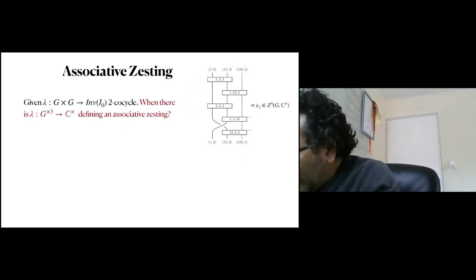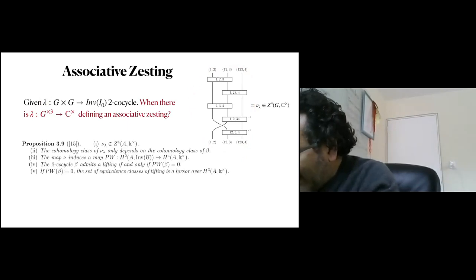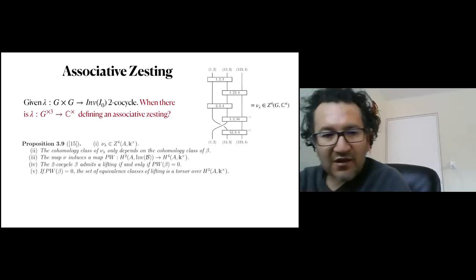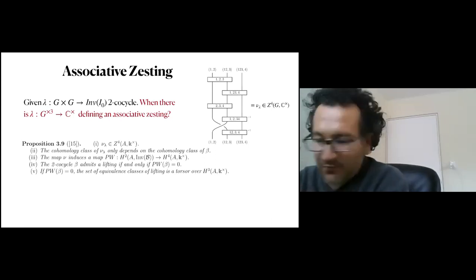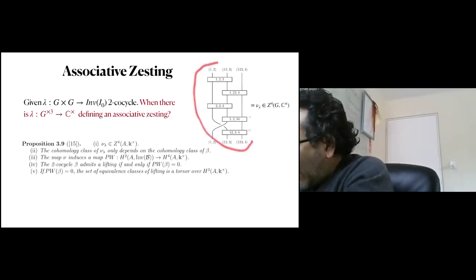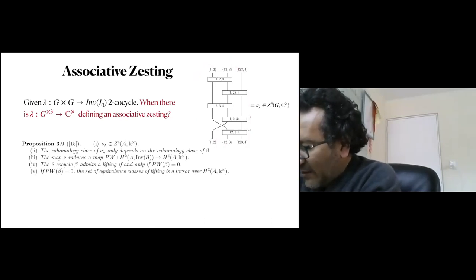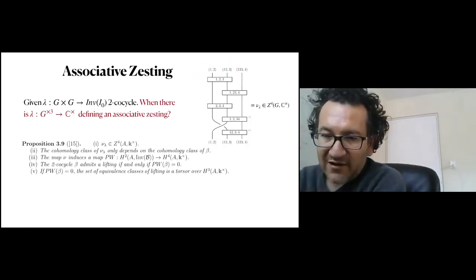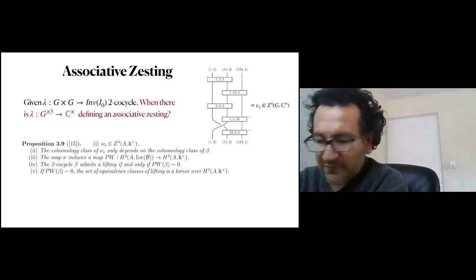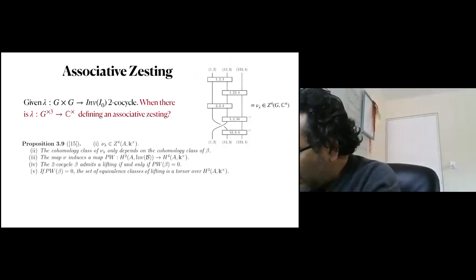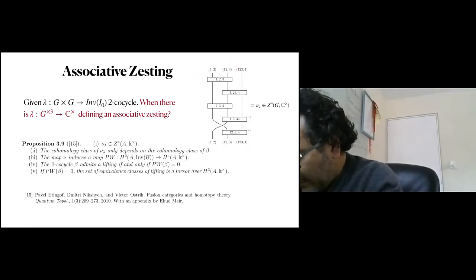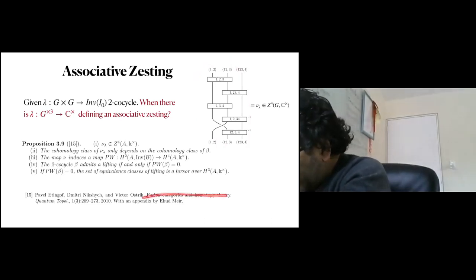And in fact, this in a more general way was defined by Etingof, Nikshych, and Ostrik in this paper. And here what we are giving is a concrete description of this four cocycle. But this is a particular case of a more general theory developed by Etingof, Nikshych, and Ostrik in this paper.